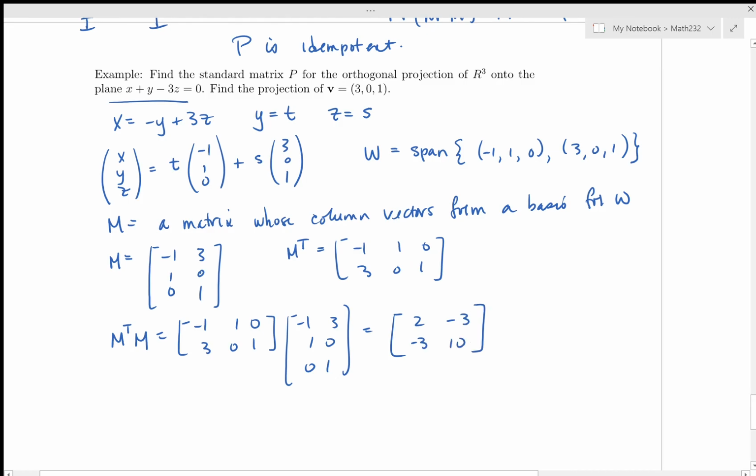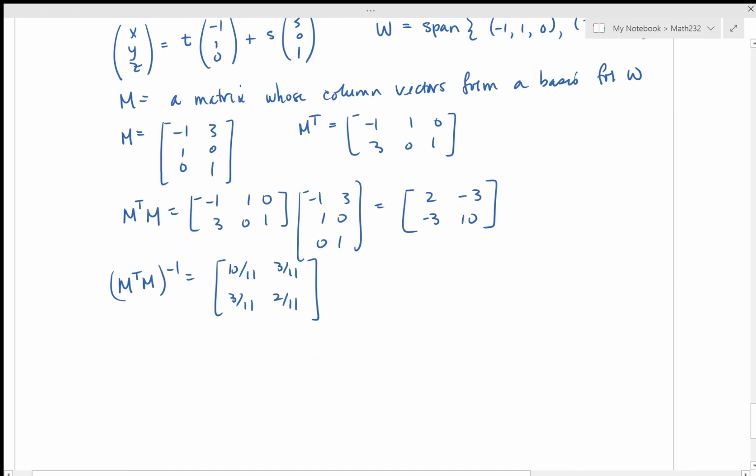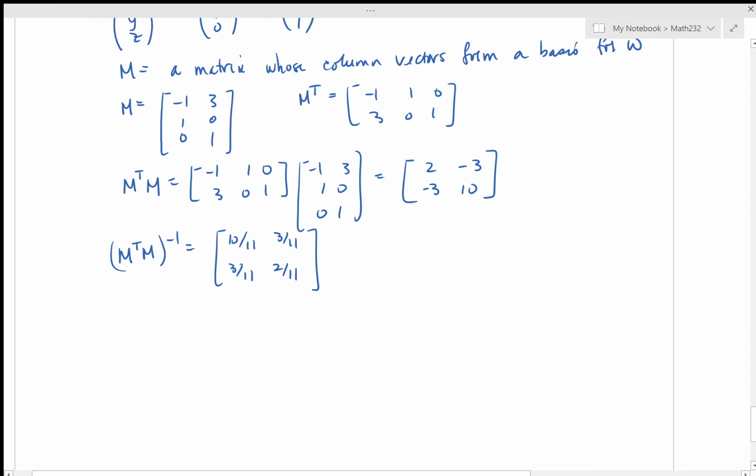Now I've got to take the inverse of that. Mercifully, it's a 2 by 2 matrix, so I'm going to take M transpose M to the -1, and then that is going to be this guy here, 10 elevenths, 3 elevenths, 3 elevenths, and 2 elevenths. Okay, so that's the inverse. You should, of course, be able to calculate the inverse of a 2 by 2 matrix.